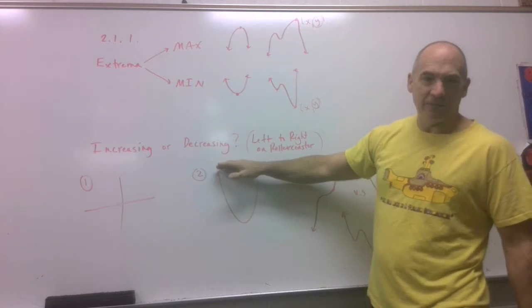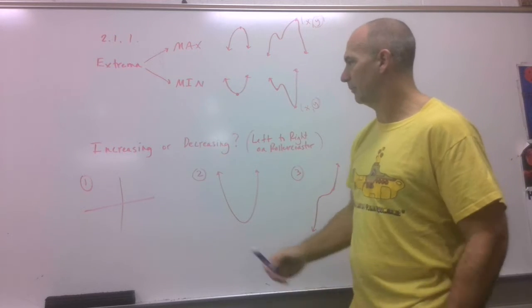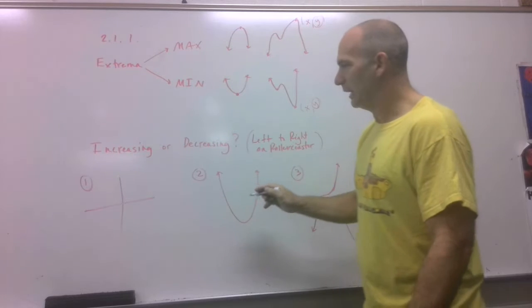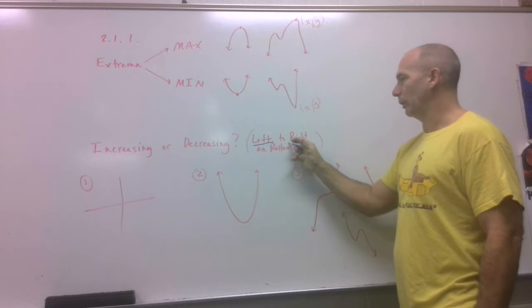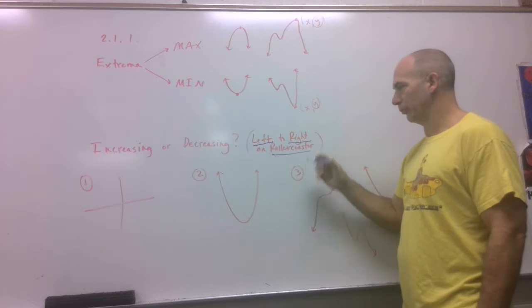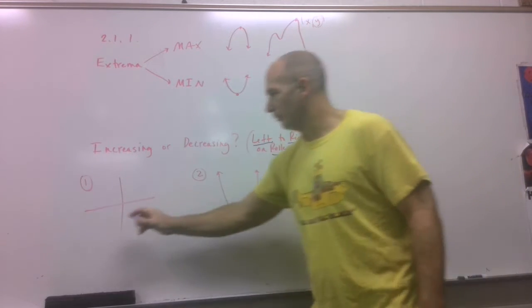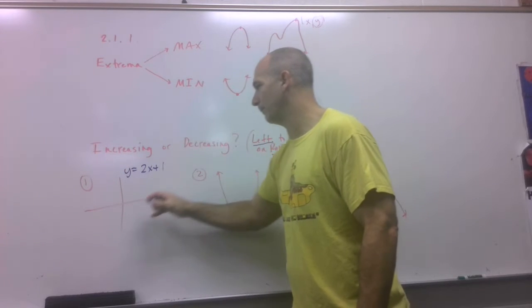A different concept they're going to hit us with for this whole trimester or year is: is the function increasing or decreasing? The key to answering this question is you have to just know that you're riding the roller coaster left to right. So a pretty simple one, like y equals 2x plus 1.